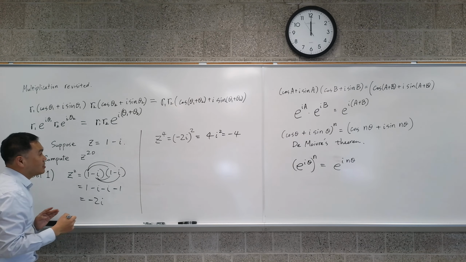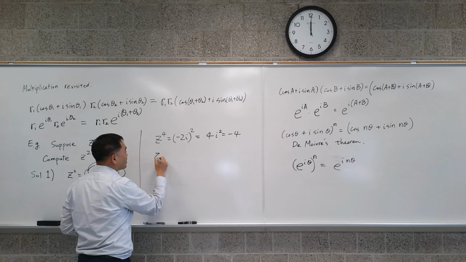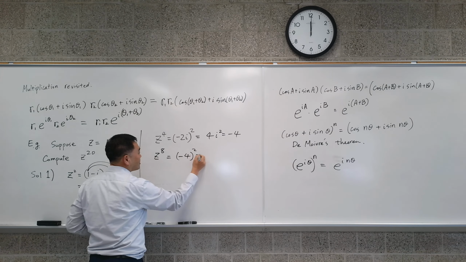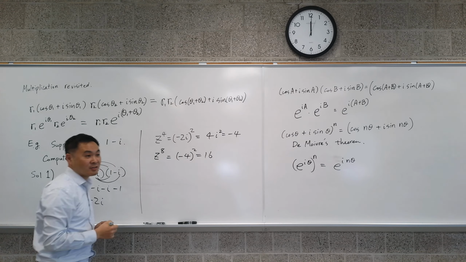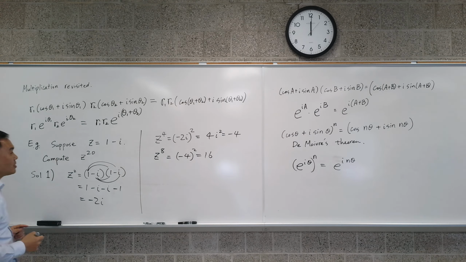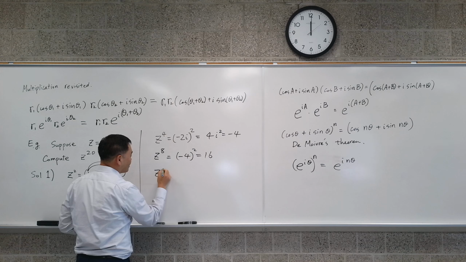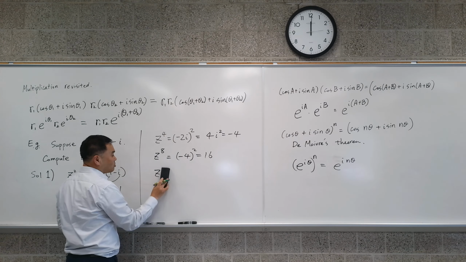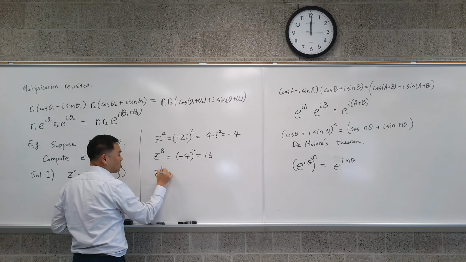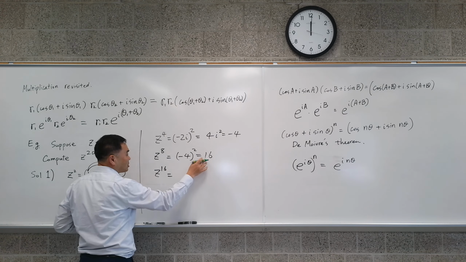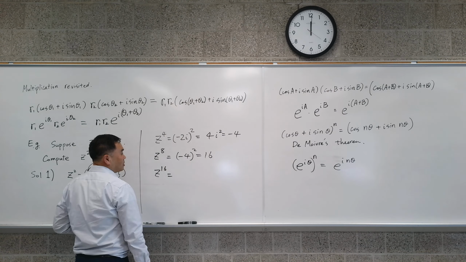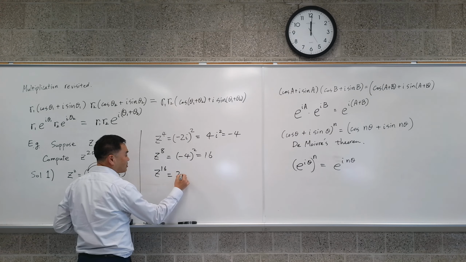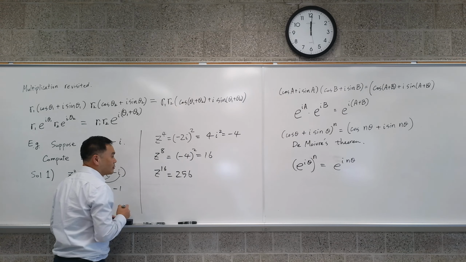Now we square this again. That's going to be 16. And then we square this again. Squaring z to the 8th doubles the exponent, so z to the 16th power, which is 16 times 16, that's 256.